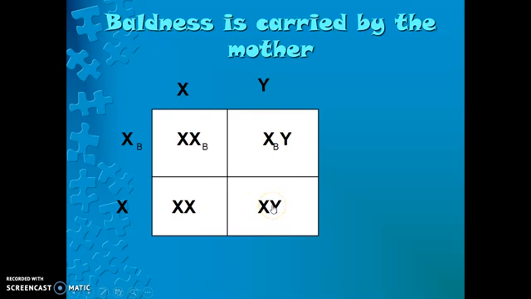Okay? So if we look here, this girl and this boy are normal. They are not bald. Now, this boy right here, he's got that baldness gene. He got it from his mama. So he's going to be having some male patterned baldness. Now, this female right here, she has a normal X. So she's not going to go bald, but she's heterozygous for baldness.